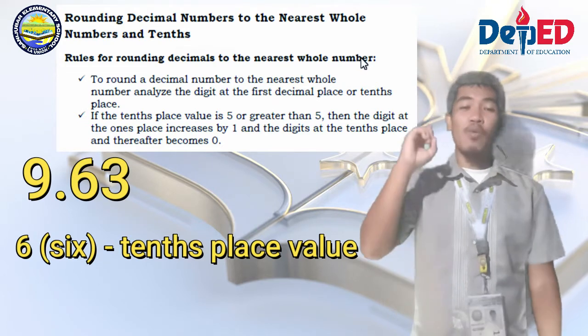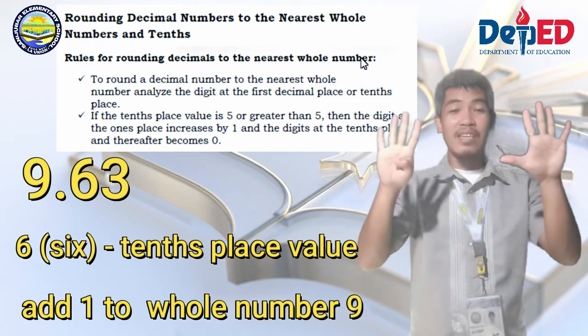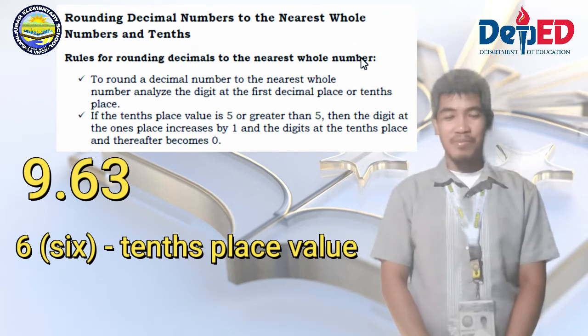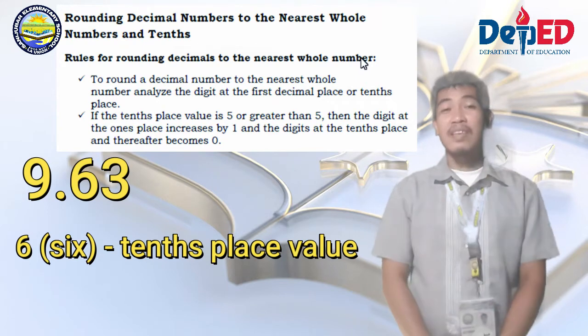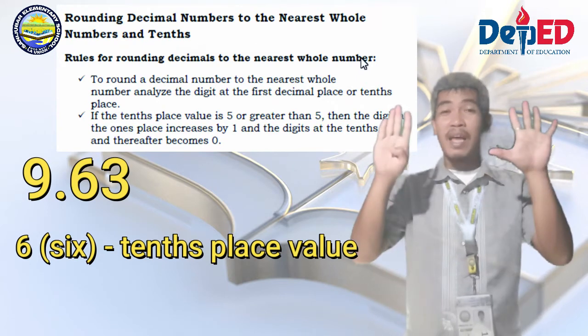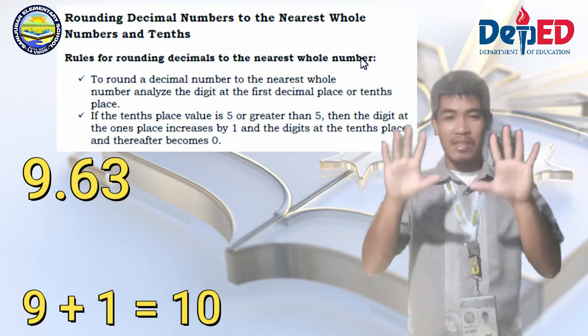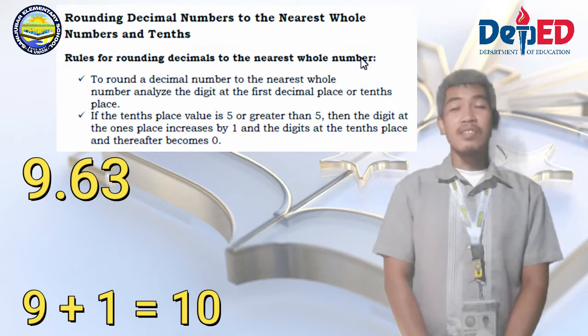Idadagdag natin ang 1 sa whole number natin na 9. Kaya, ito ay magiging, ano? Correct si Glory. Kasi, 9 plus 1 magiging 10. At, ano ang mangyayari sa number 6 at 3?